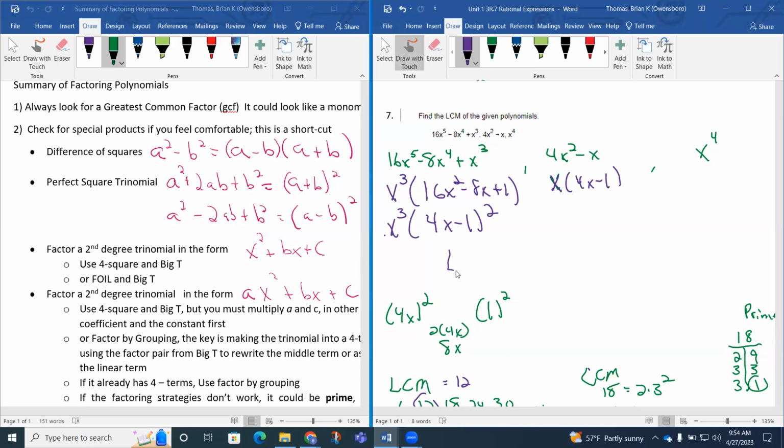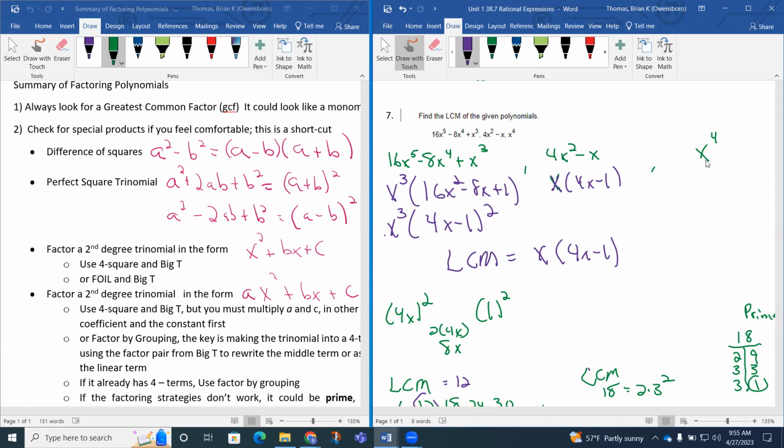So if I want to do the least common multiple, what you do is you identify the different factors. So what I'm seeing is there's an x. What I'm also seeing is there's this 4x minus 1. Now the catch is, this first one needed 3 x's, this one needed 1 x, and this one needed 4 x's.